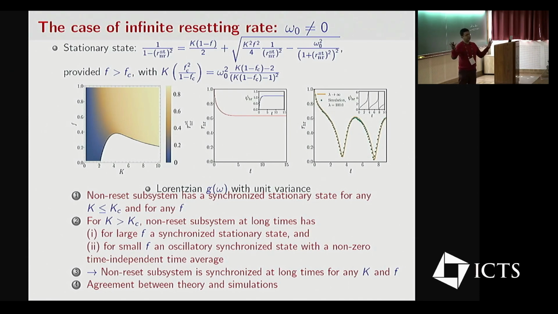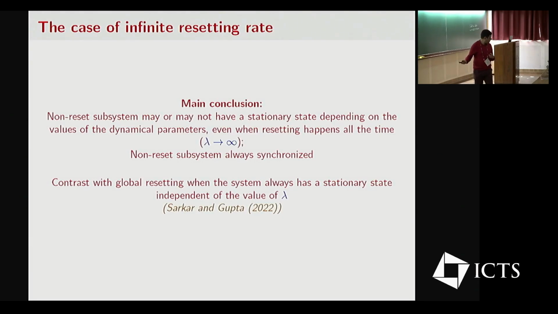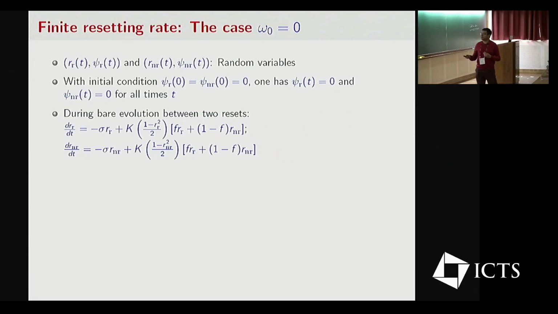And if the two are well separated, then one can solve rather straightforwardly. But even when there is no time scale separation, it turns out that one can make use of certain integrable features of the dynamics to obtain closed form solution for the order parameters of the non-reset subsystem. So let me just jump to my conclusion.